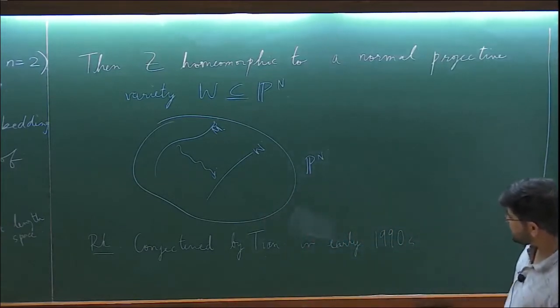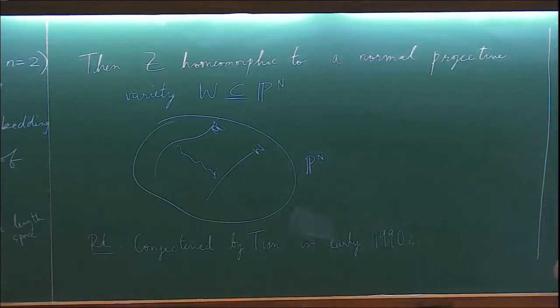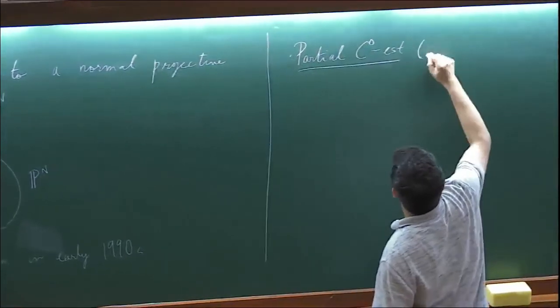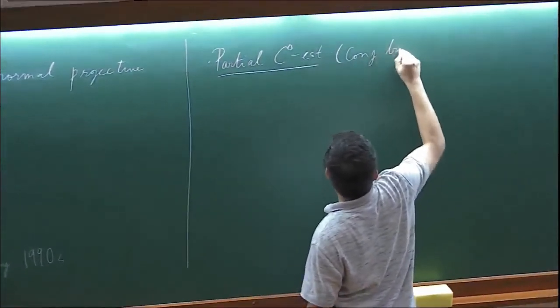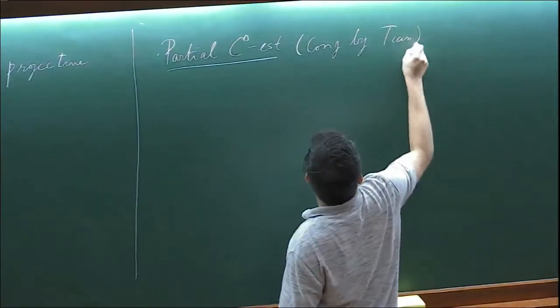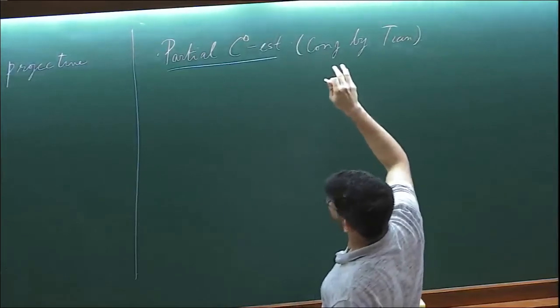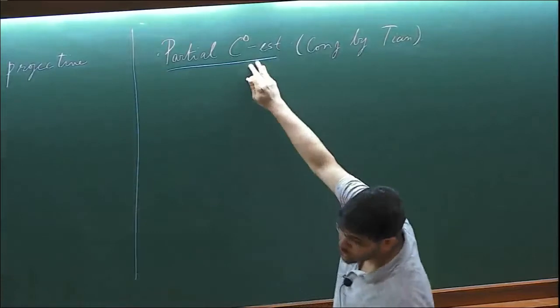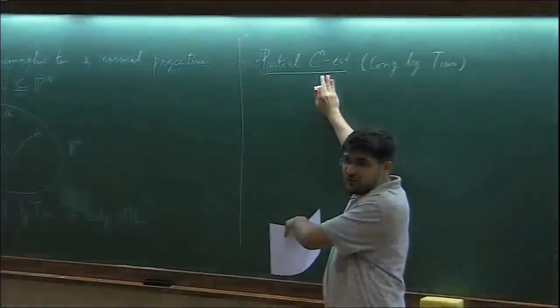So it also turns out that in order to prove theorem A, one only has to prove a slightly weaker version, which is called the partial C0 estimate. This was again conjectured by Tian, and in fact he had indicated how to go from this statement to theorem A. I'll state what this theorem is.